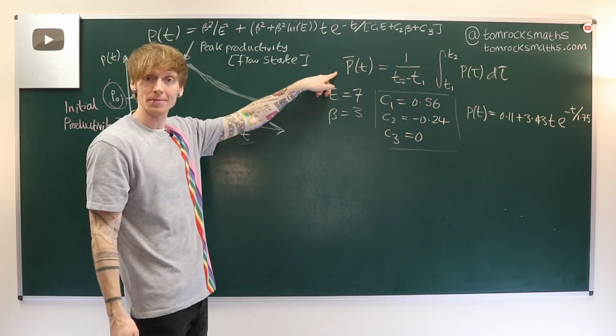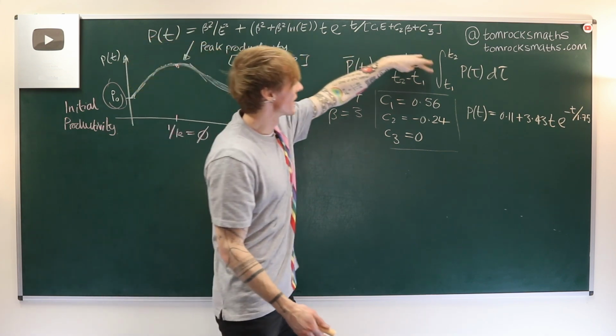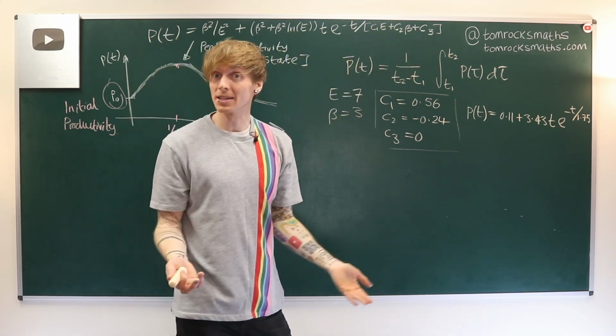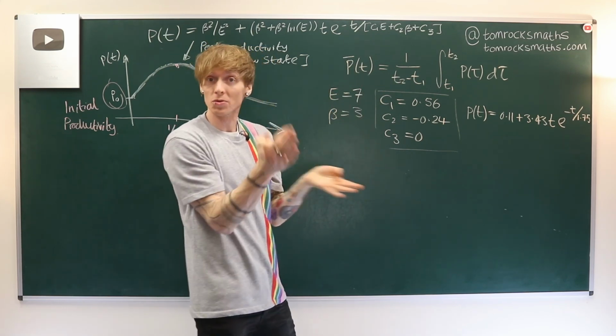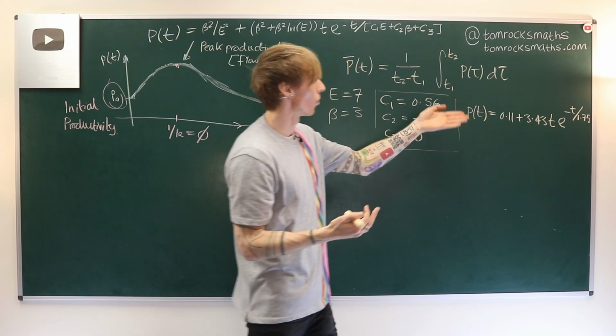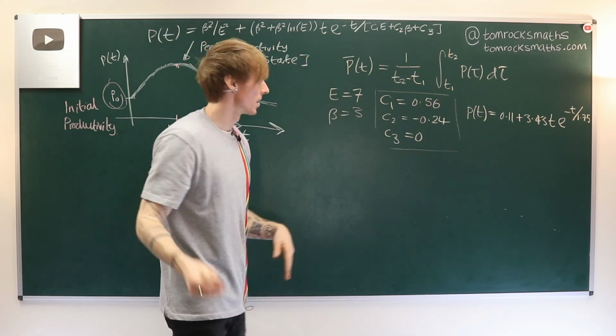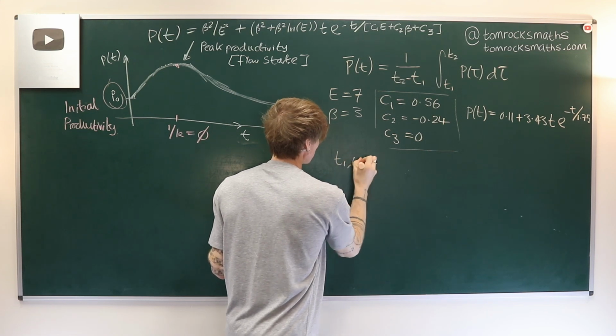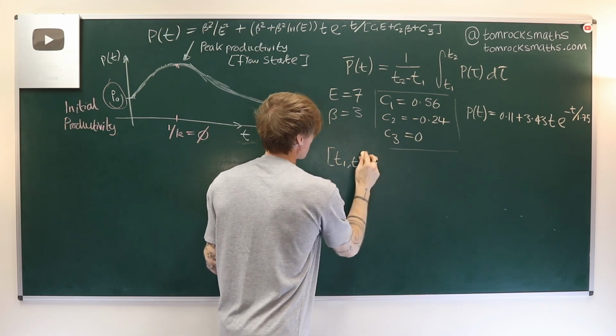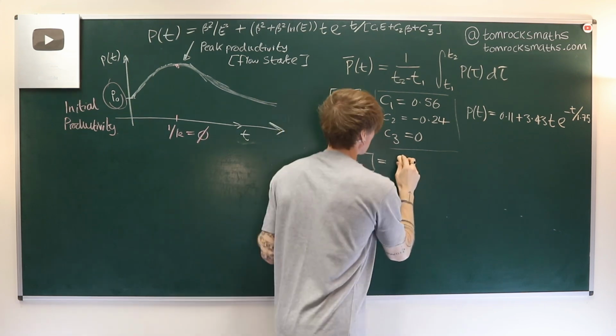Now, p bar is calculated over a specific time interval. So let's compare our productivity over 2 different time intervals for this particular task. So the first interval, let's suppose that t1, t2 is going to be the first 30 minutes.